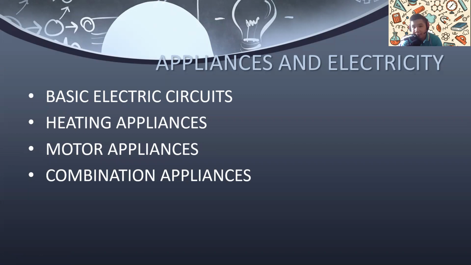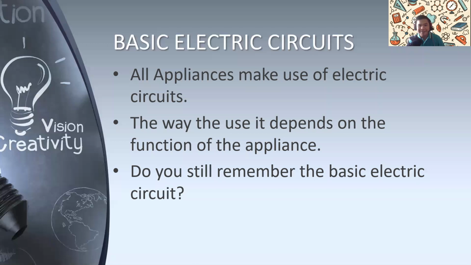Third, motor appliances, or appliances that provide motion or movement. How does electricity make you move? Finally, we have the combination appliances, or the combination of those two that I talked about previously. Are you ready? Let's start.